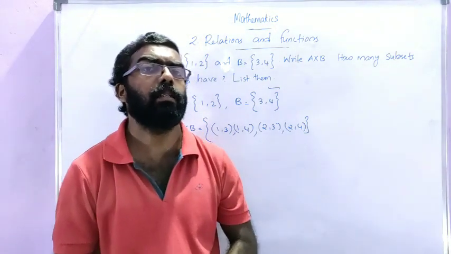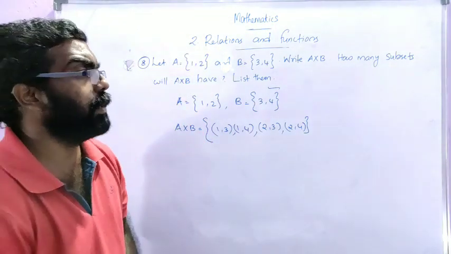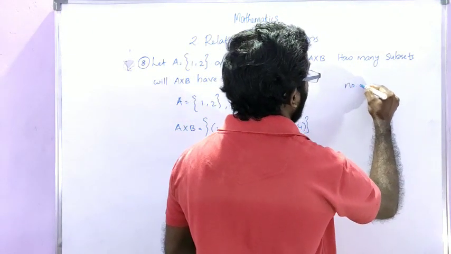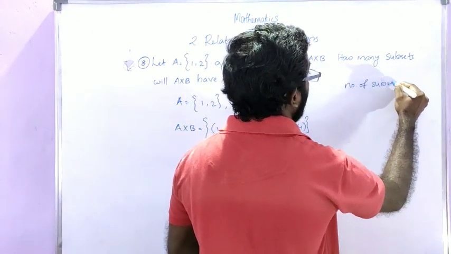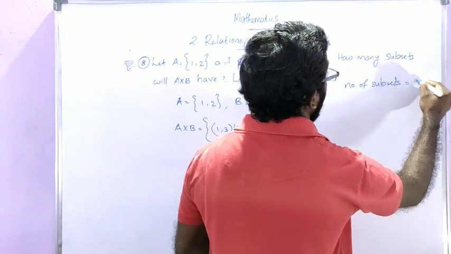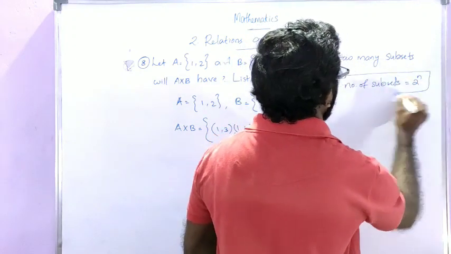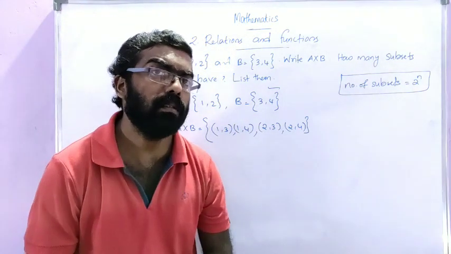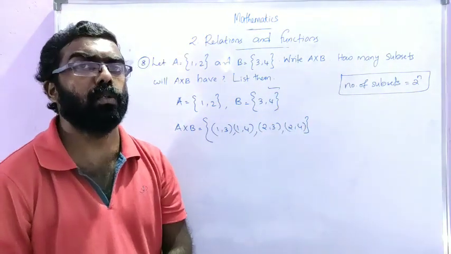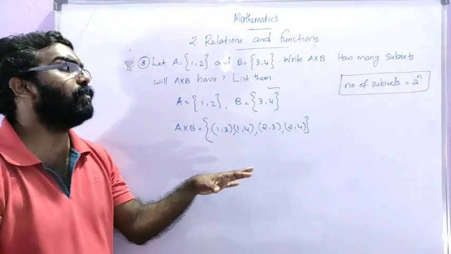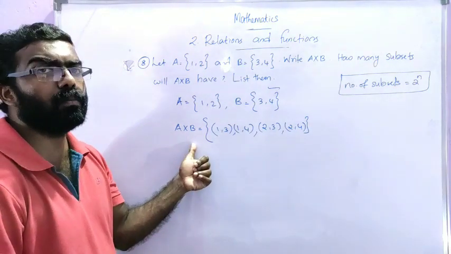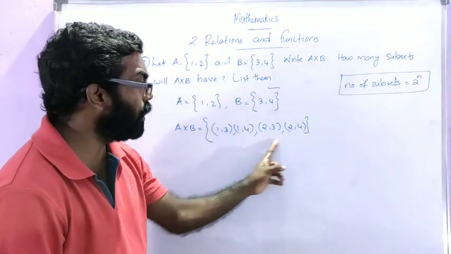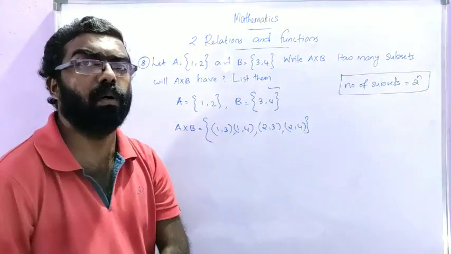We have already discussed the formula to find the number of subsets of a given set. If a set contains n elements, then the number of subsets is equal to 2 raised to n. Here we have to find the subsets of A cross B. For that we count the number of elements in A cross B. Here 1, 2, 3, 4: 4 elements.